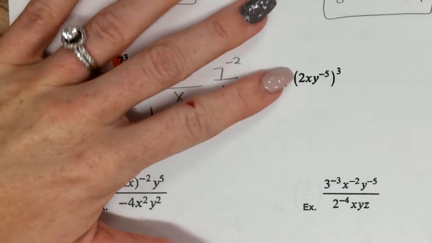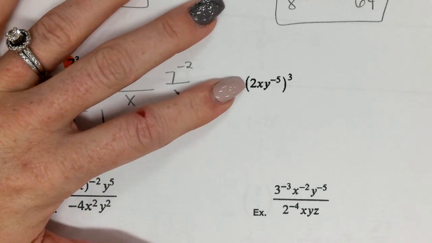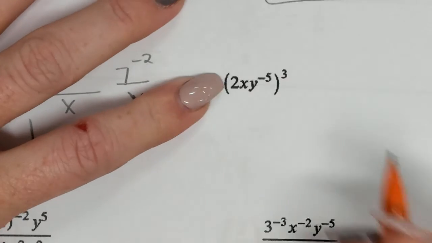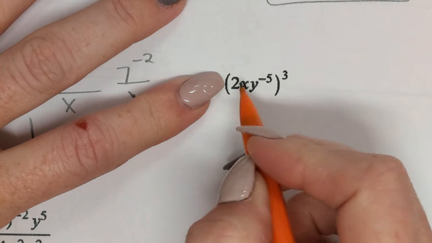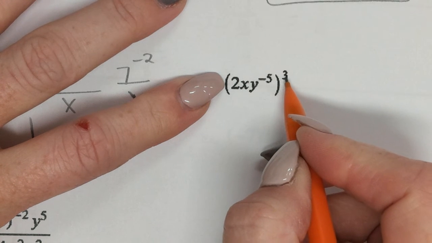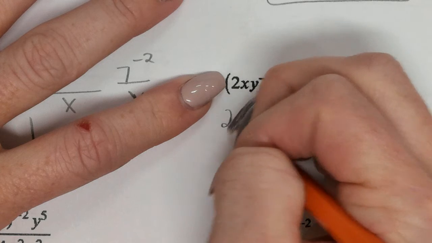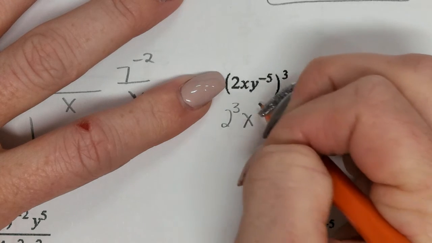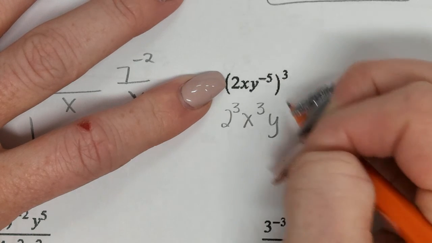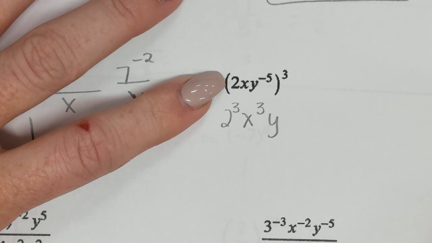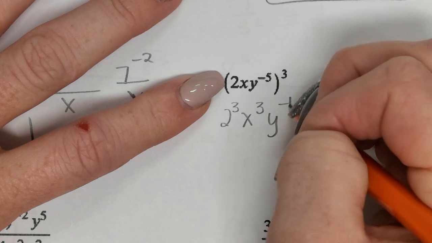All right, let's look at the next one. The first thing I have to deal with is the parentheses being raised to the third power. That means everything in parentheses must be raised to the third power. So I have 2 to the third power, x to the third power, and what's going to be y? To the negative 15.